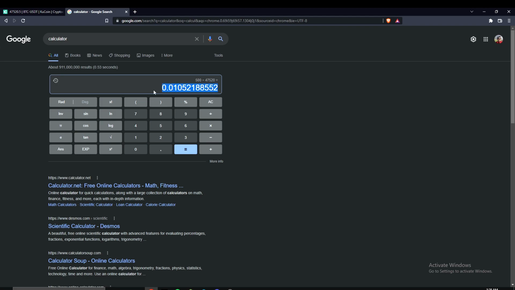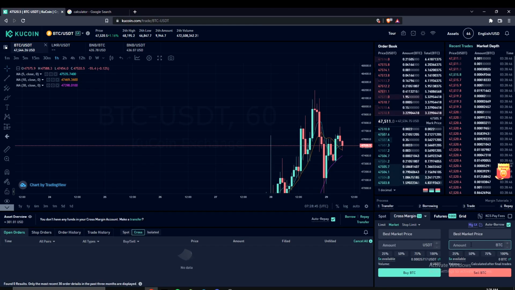And now what this means is that you're then selling 0.01, then you type that. That's the max amount it'll allow you to sell. You just press 100% if you have money in your cross margin account, which you already should. And then it'll sell it for USDT.